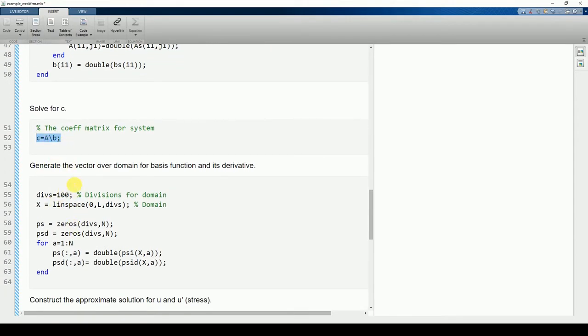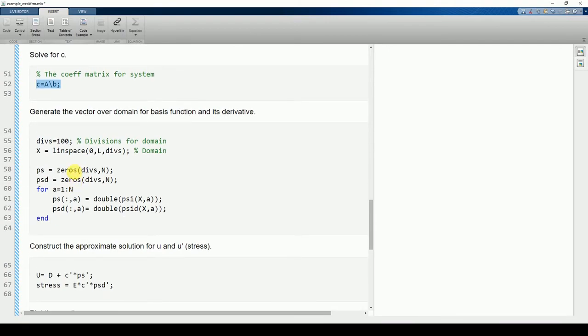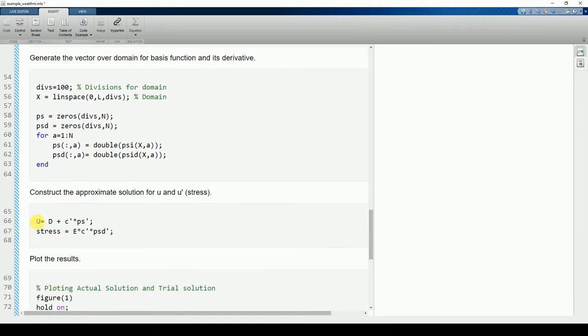Before that, we need to construct our stress, which is nothing but EU dash and U. The approximate solution for that, we need the psi and the psi dash, which we calculate here from the psi functions to regenerate various vectors that we could simply add. Using this operation, we can simply generate U over the complete domain.